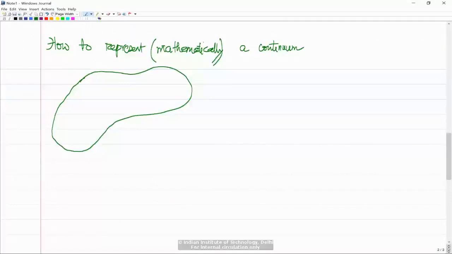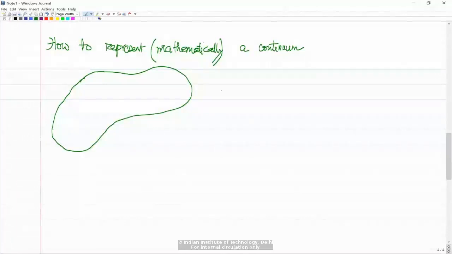Now we have to understand what different features we want to describe. I already told you we have to look at it at continuum scale, not at micro scale or nano scale. So we are not bothered about representing individual atoms or individual grain boundaries. We are just bothered about modeling it as a continuum, having no voids.